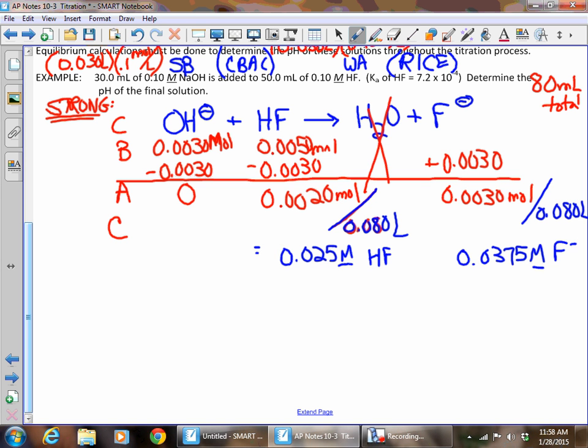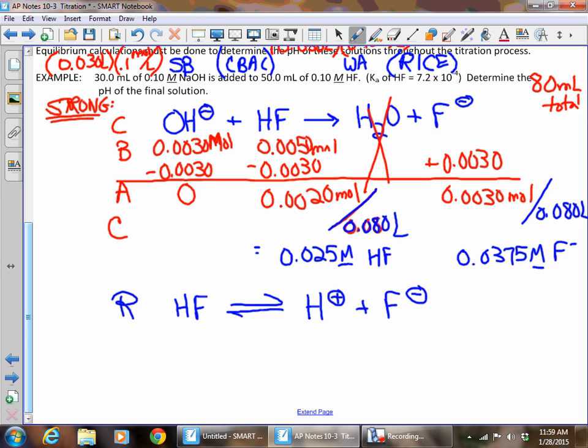And now for the next part, I'm going to show the RICE for the weak. And the weak part of this reaction was our weak acid, so that's the reaction I'm going to show. Very important that you get the reactions right. So my HF is going to react, and it's weak, so it gets the weak arrow, and it's going to form H plus and F minus.